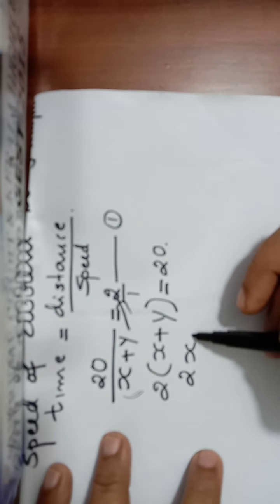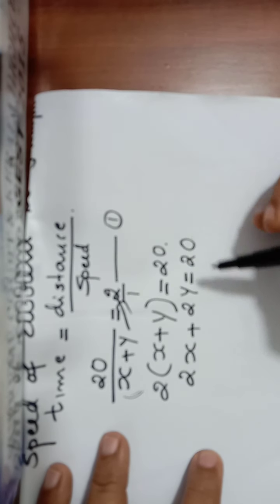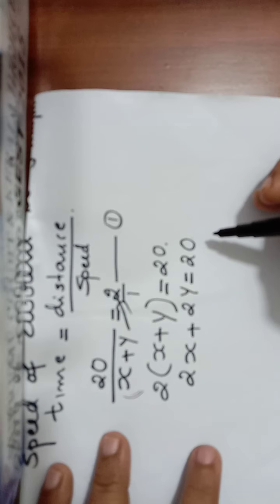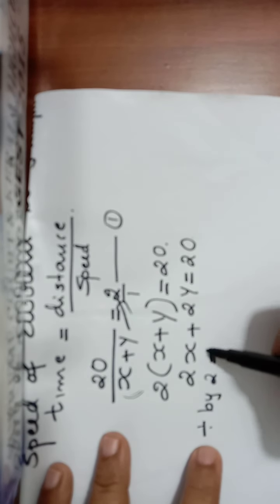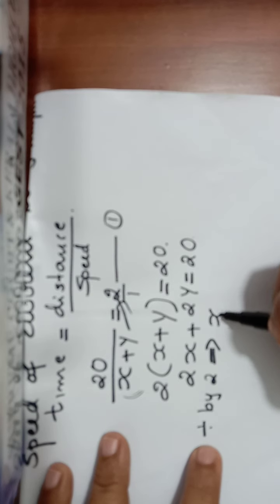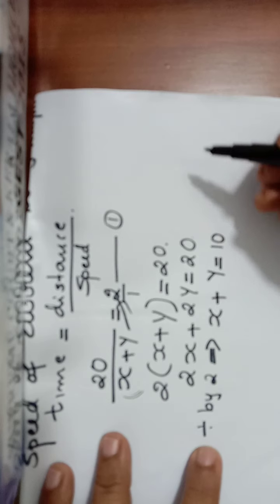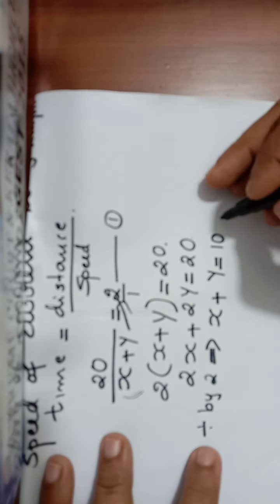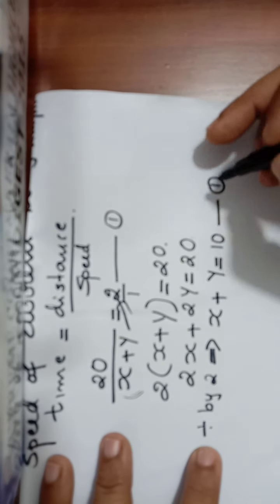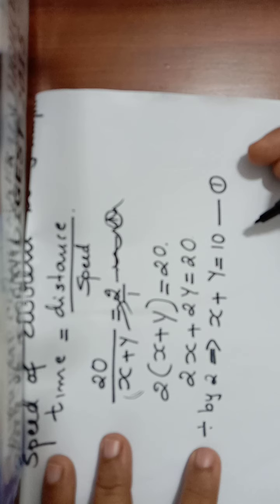It is 2x plus 2y equal to 20. Don't you see a common factor 2 here? So, dividing by 2 we get x plus y is equal to 10. This is actually our rewritten first equation. So let us have this equation as 1. x plus y is equal to 10 we are getting.